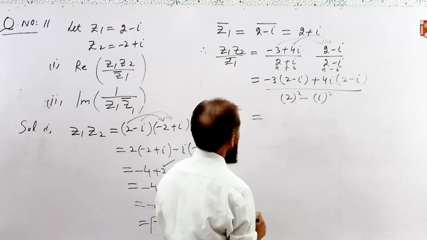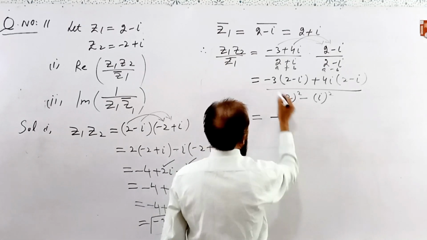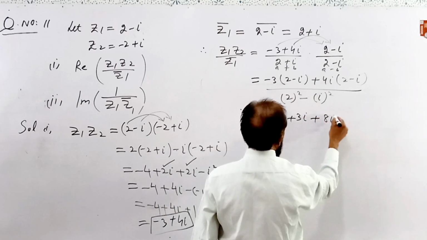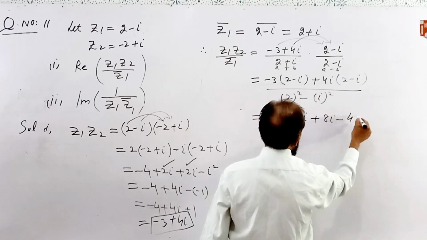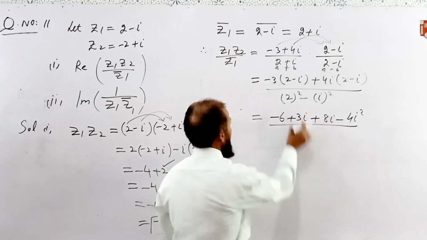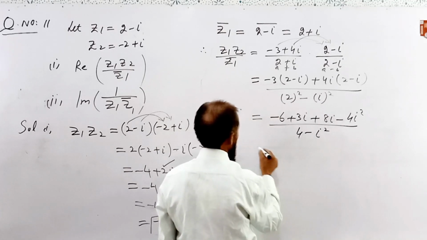Now expand these two terms: minus 6 plus 3 iota plus 8 iota minus 4 iota square, and the denominator we get 2 square, 4 minus iota square.